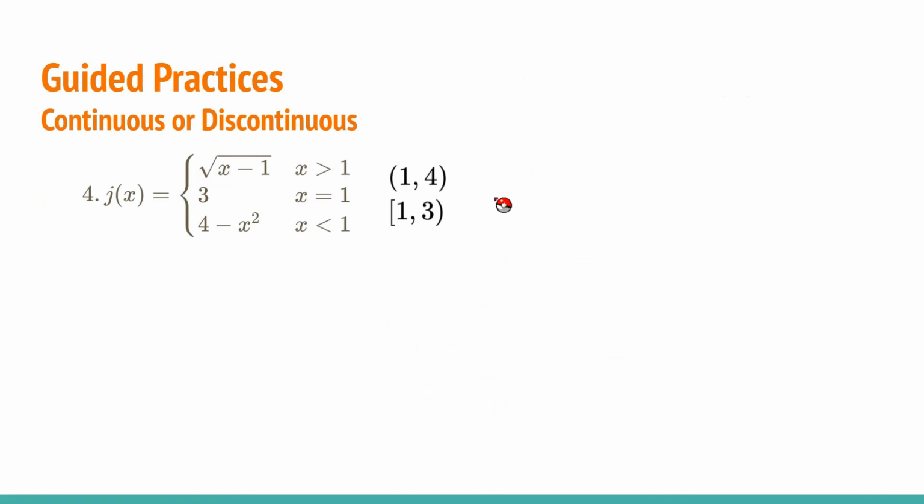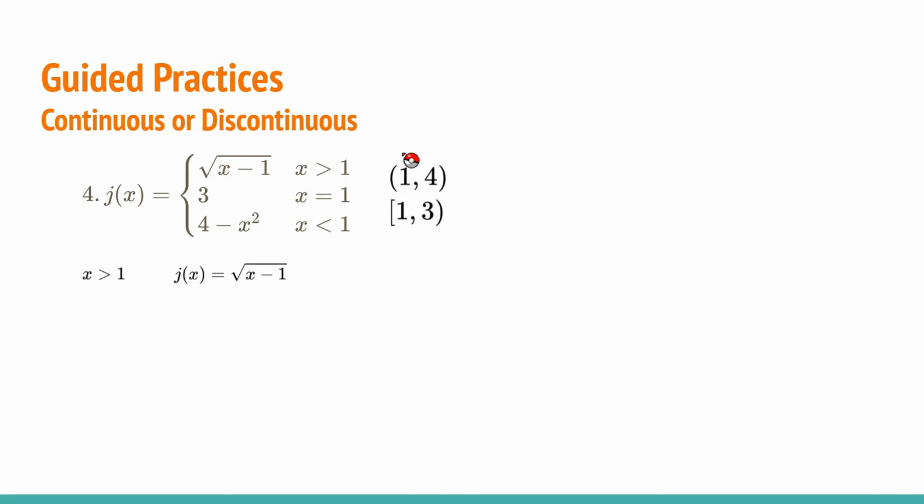So first, the open interval 1 to 4. Since we are going to use any value in between 1 and 4, not including 1 because it's an open interval, and not including 4 because it is also an open interval. So that means 2 and 3.